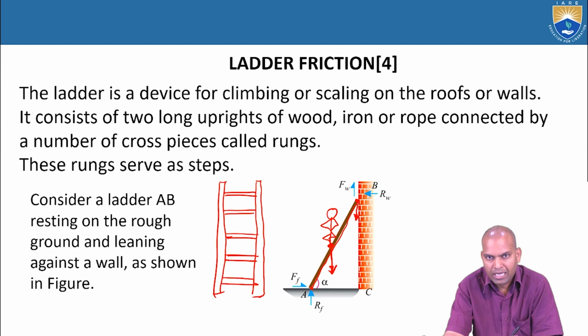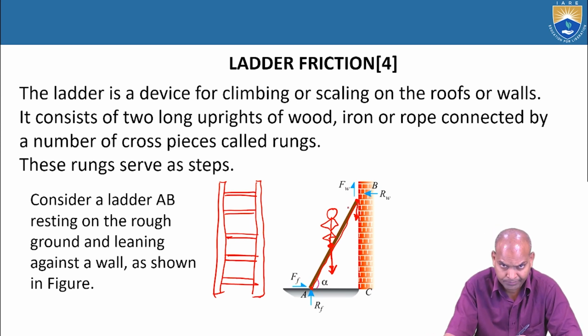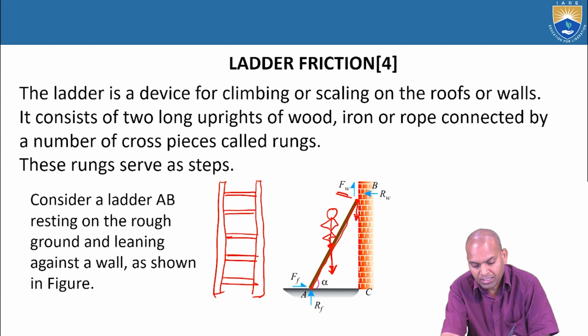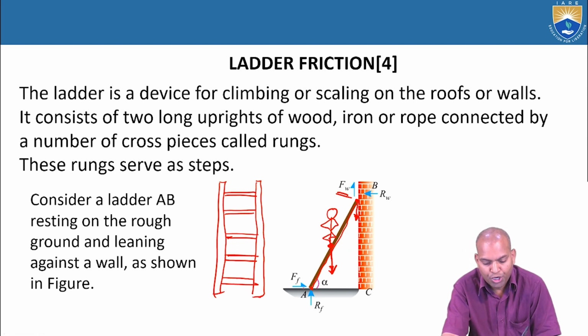The frictional force acts opposite to the direction of the motion of point B. That's why the frictional force acts in the upward direction. When point B tends to come downwards, what will happen at point A? Point A goes away from the wall in this direction. The friction force is always opposite to the direction of the motion of the body. That's why the friction force acts in this direction, FF.